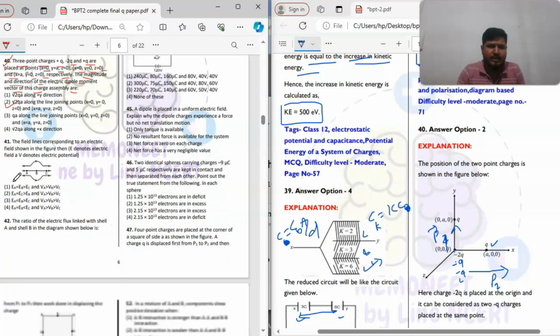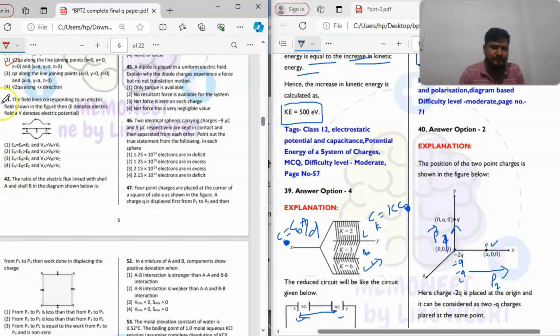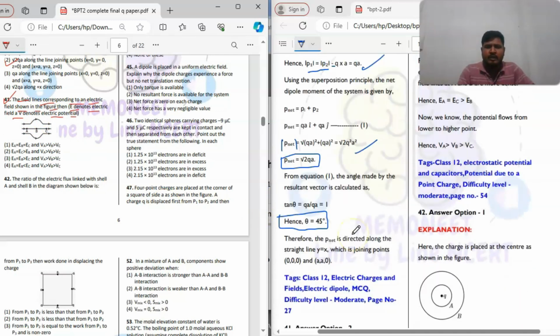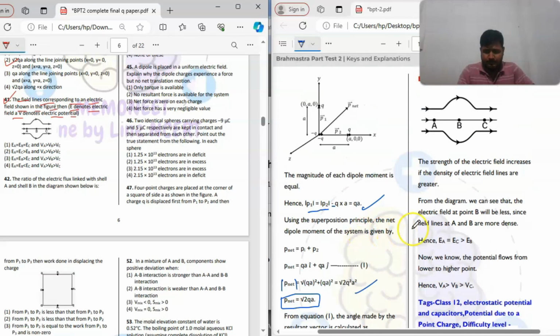Now move to the next question, that is question number 41. What is the question? The field lines corresponding to an electric field are shown in the figure, where E denotes electric field and V denotes electric potential. Now you know that the strength of the electric field increases if the density of electric field lines is greater.